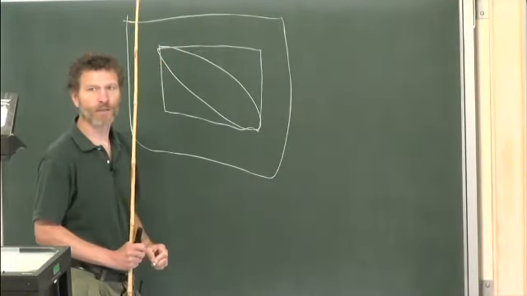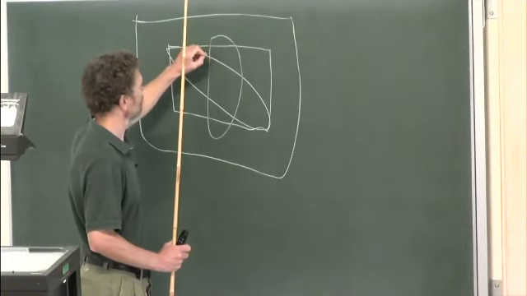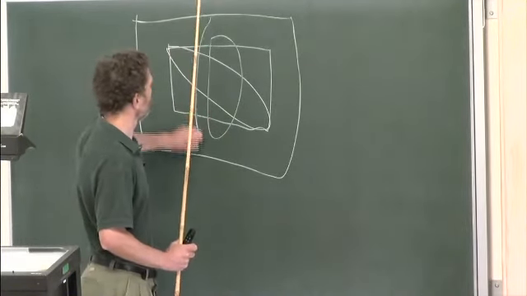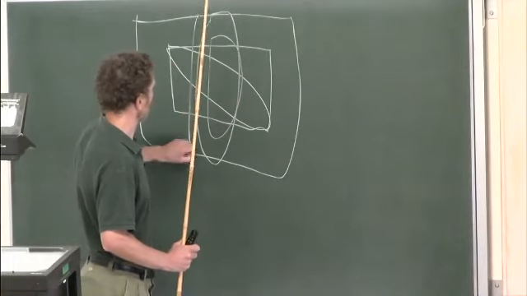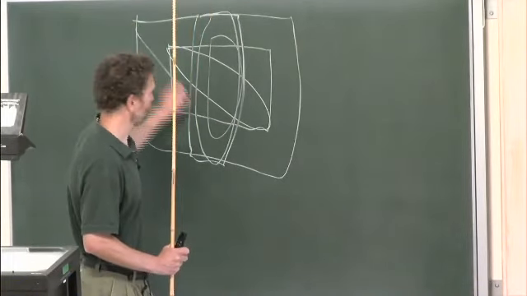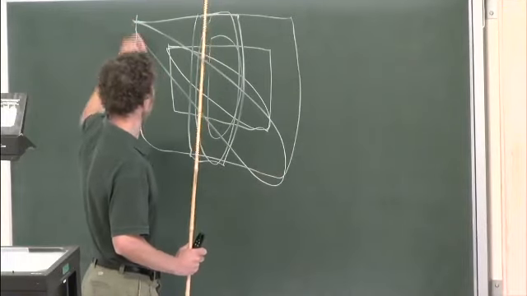That's fine, but supposing your cigar goes right across, from the top left-hand corner to the bottom right-hand corner. Then it wouldn't get shrunk.